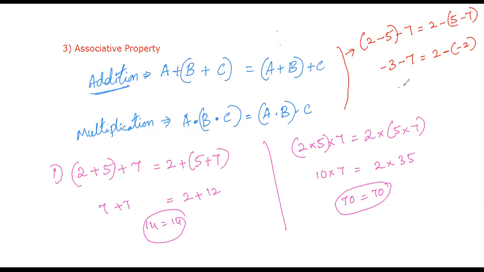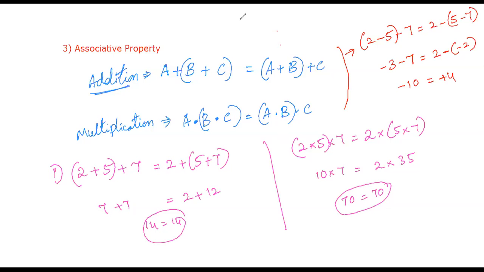And you can see that we'll get -10 here. We'll get +4 here rather. You can see that on some occasions it might work in subtraction, but it won't work for all the cases. So we don't have an associative property for subtraction. So the associative property works for addition and multiplication.